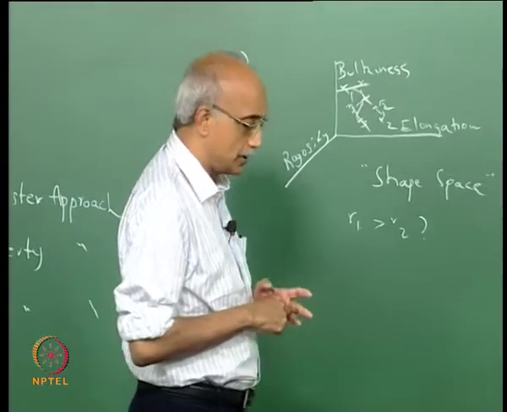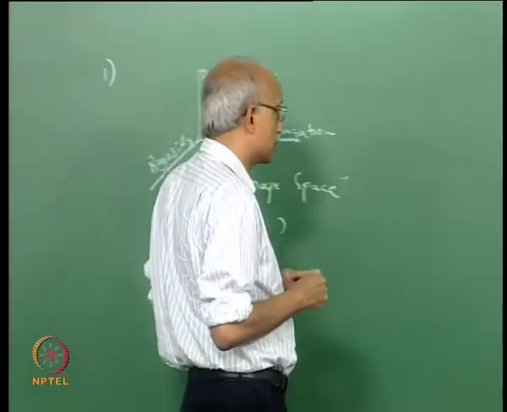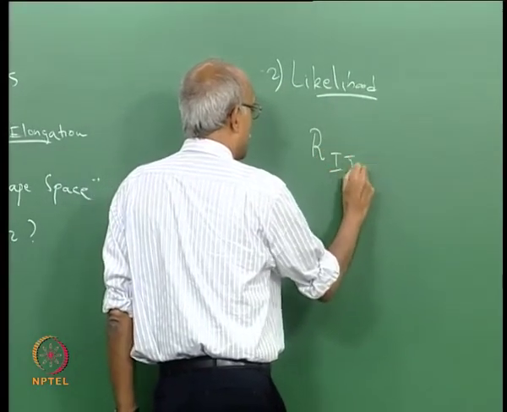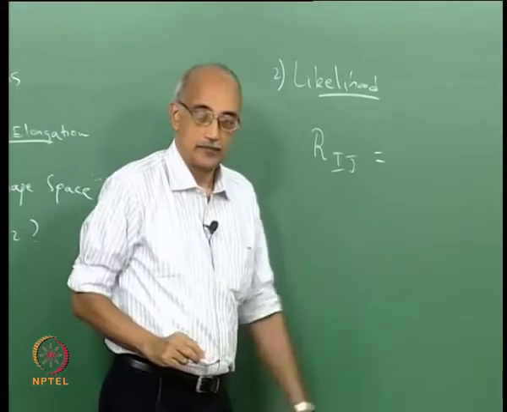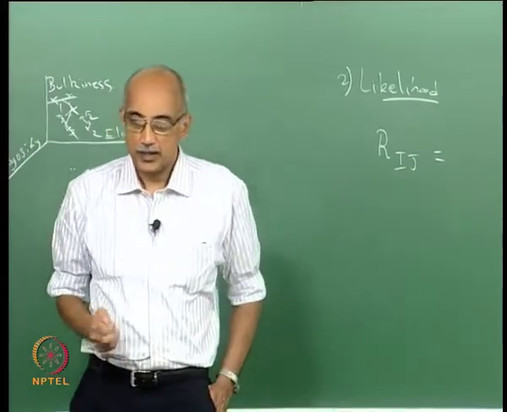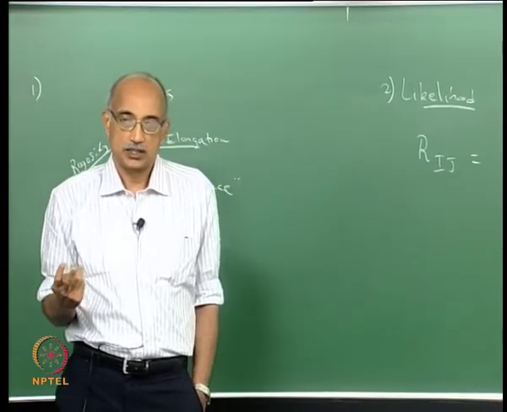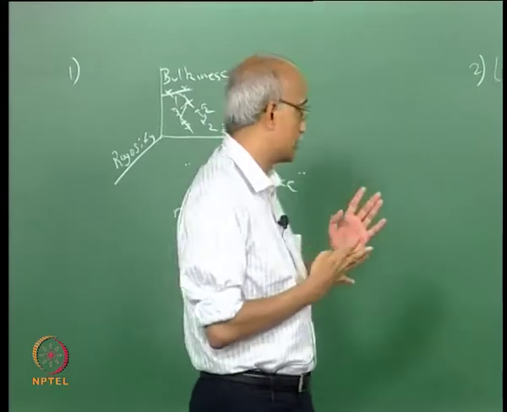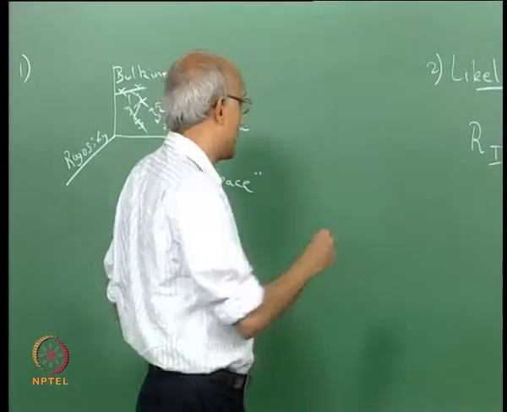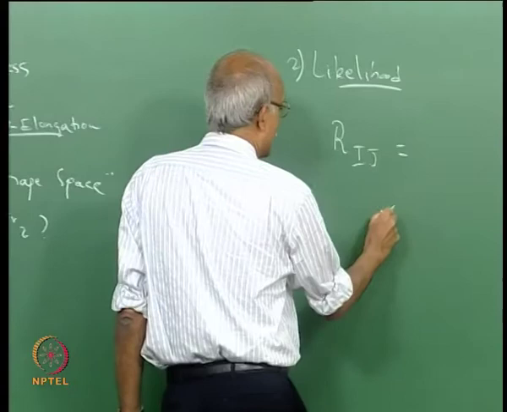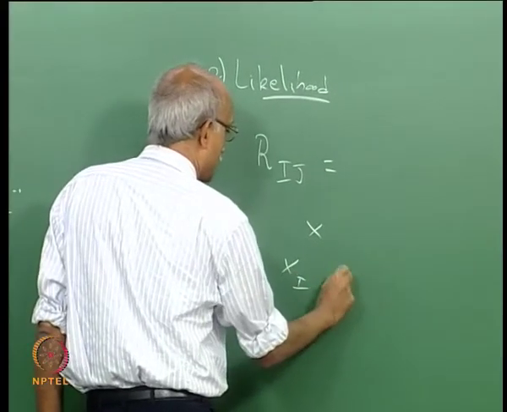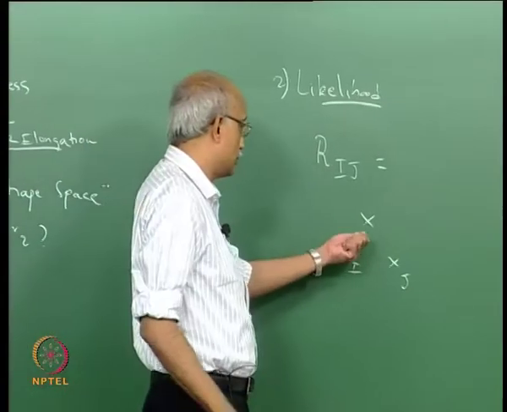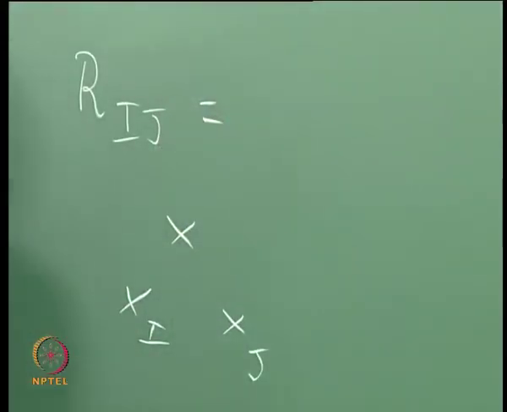So the likelihood function basically evaluates a loss parameter R_ij, which really has 2 components. The first is, supposing you have a shape x and you are trying to compare it to some xi and xj shapes, right, and let us say that you assign x to xi.